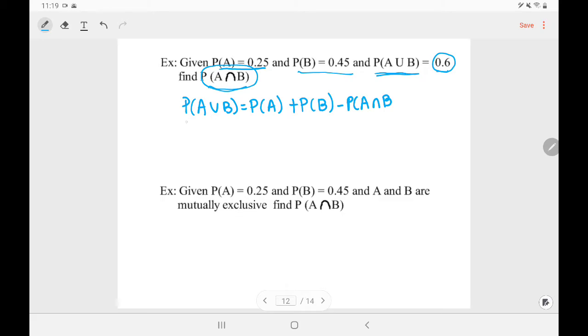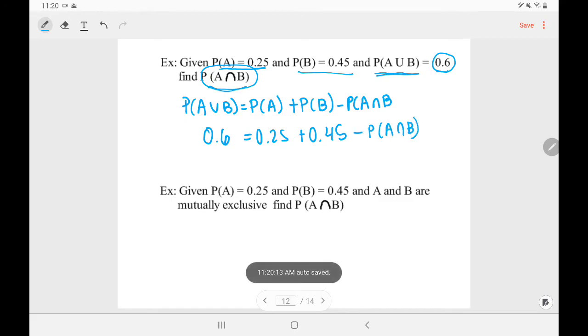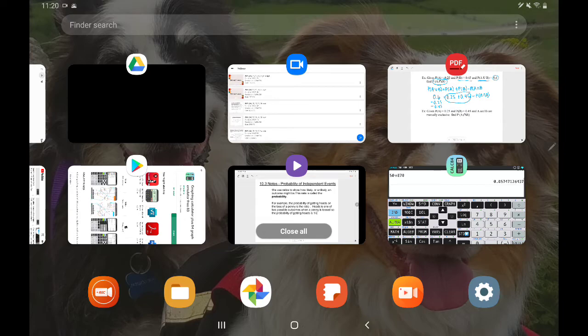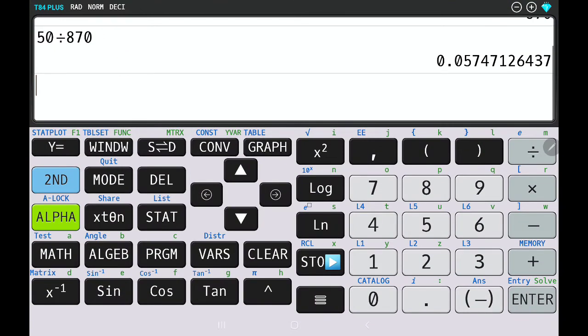Well, 0.6 equals the probability of A, 0.25, plus 0.45, minus the probability of them both happening at the same time. So we're going to see if they both happen at the same time. I'm going to subtract my two values that I'm adding. So 0.6 minus 0.25 minus 0.45. So here we go. Let's clear our calculator.